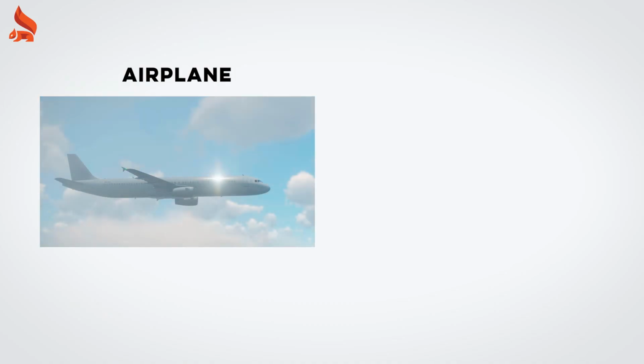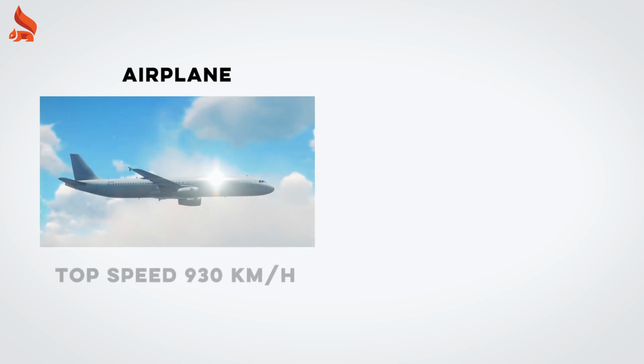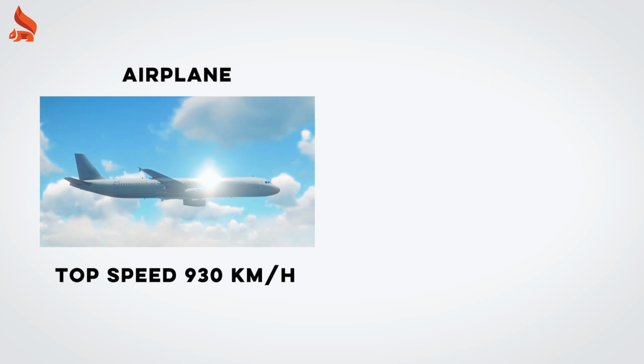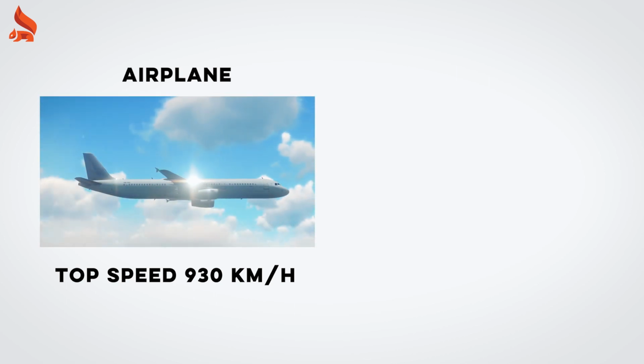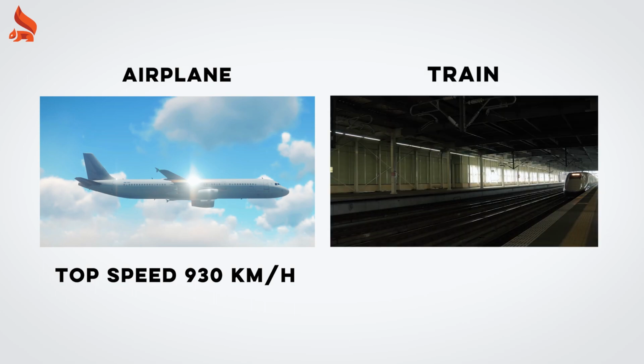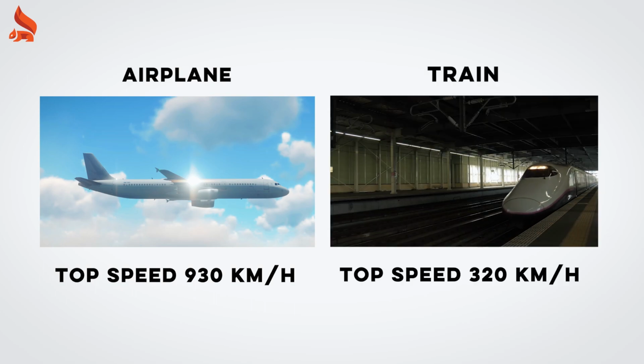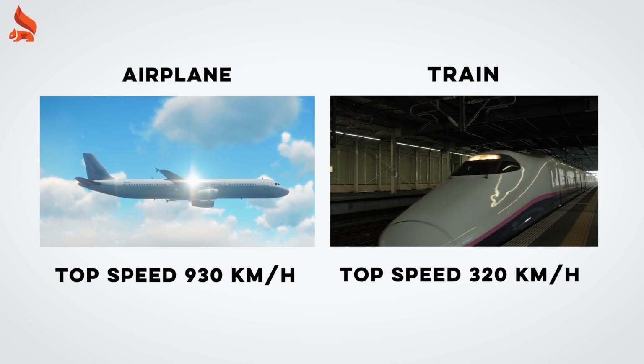I could take an airplane, and the maximum speed of that airplane is 930 kilometers per hour. And so it's going to get me there very fast. Conversely, I could take the bullet train, and that has a top speed of 320 kilometers per hour. So if I'm thinking about comparing speed, obviously we have a winner with regards to the airplane.